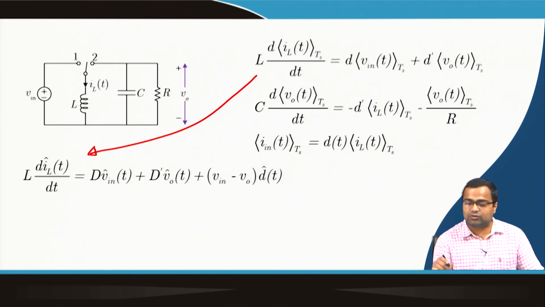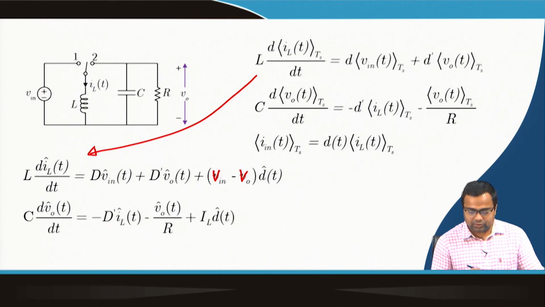Okay? Then from this expression, we can replace each average quantity by its steady state quantity plus the perturbation quantity, and then write down the equations again, and we should ignore, this should be capital V in, the product of perturbation terms. Okay?